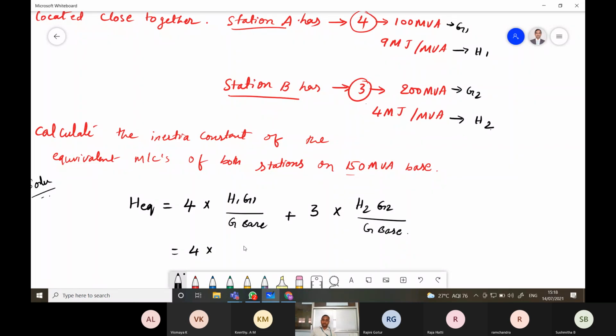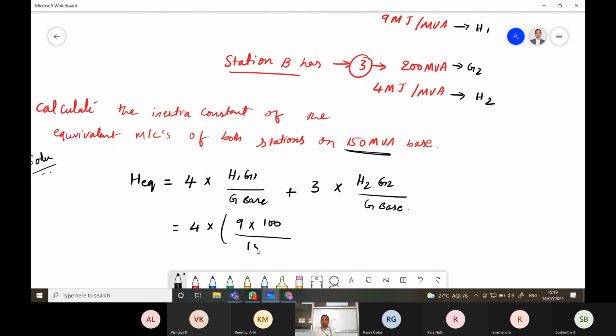4 into H1 equal to 9 and G1 equal to 100. What is the common base? G base is given as 150 MVA, so divided by 150. Plus 3 into H2 which is 4, and G2 which is 200, by 150. So calculate this. How much is H equivalent?